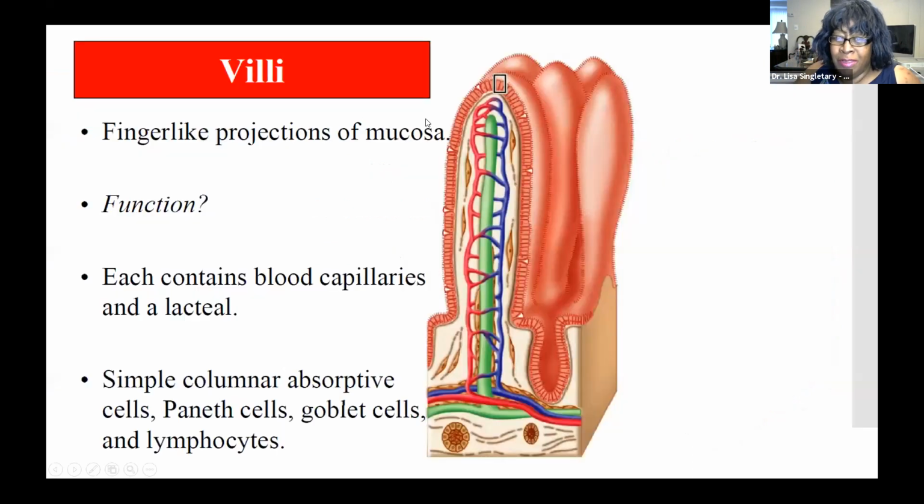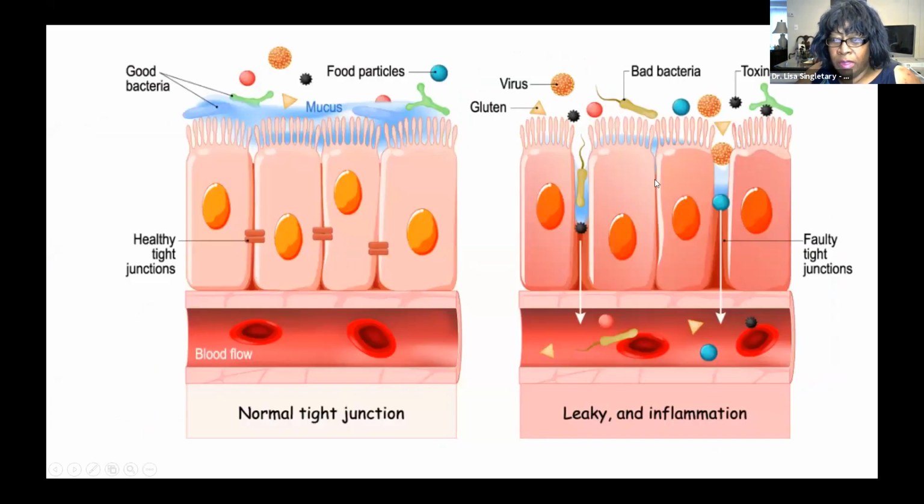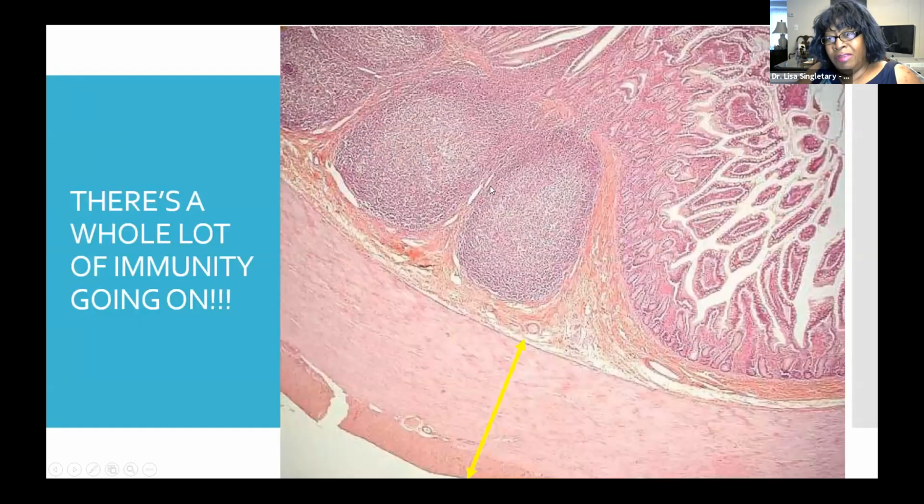Take a look at this. Here's another depiction of those immune cells, like I said, just waiting to take care of any bacteria or inflammatory pathogens that come across. They're not showing those cells here, but you see these big lumps.